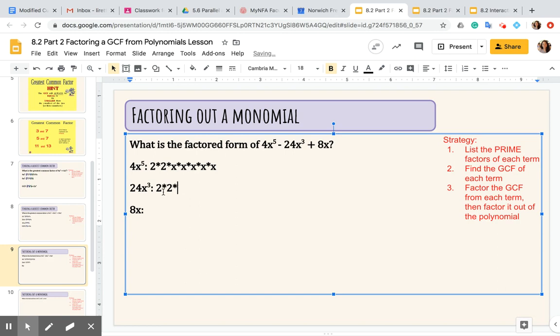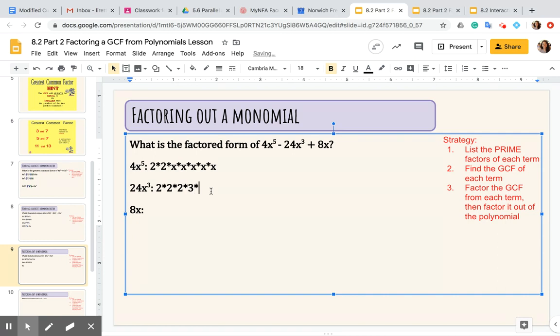That's right, right? Nope, that's not right. 2 times 12. 12 is going to be 2 times 6, so I need another 2. So let's double check that. 2 times 2 is 4. 4 times 2 is 8. 8 times 3 is definitely 24.